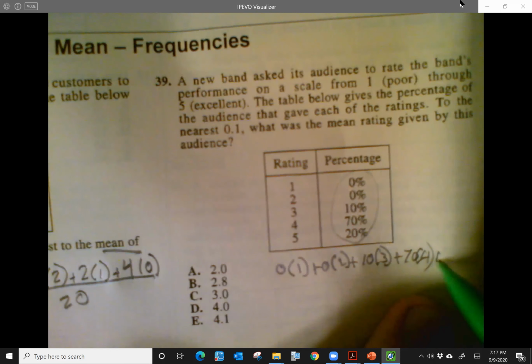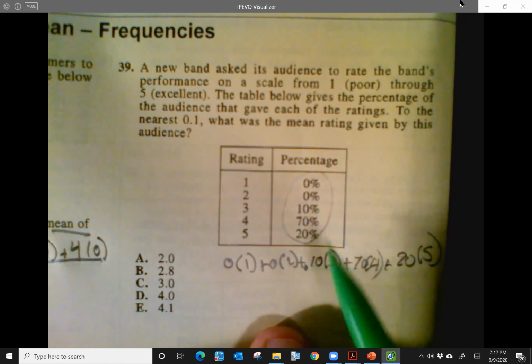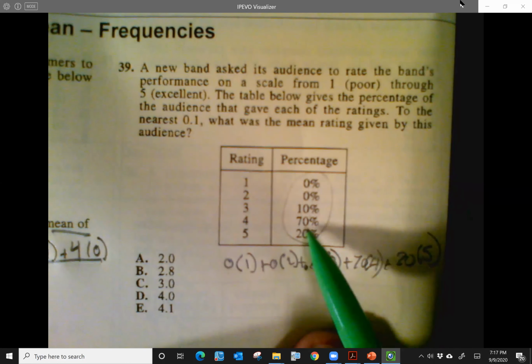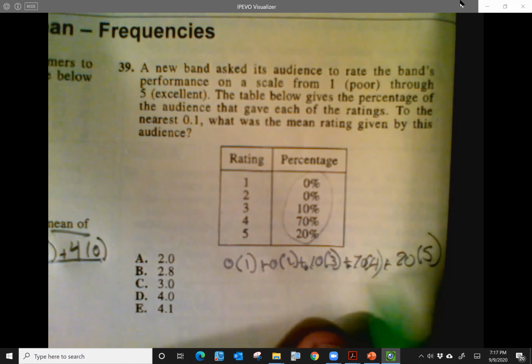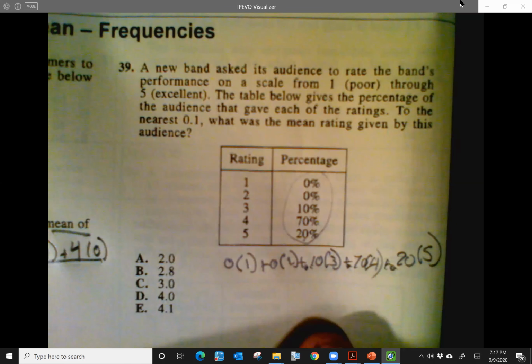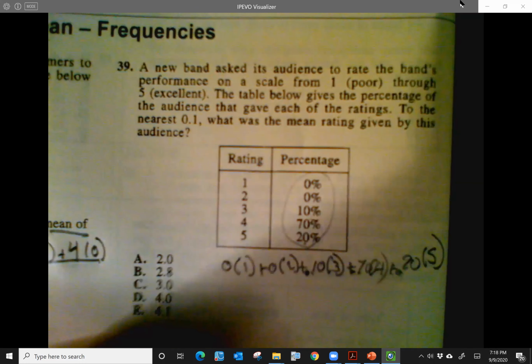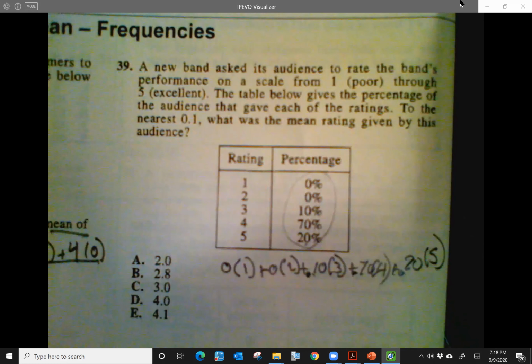Now, the only thing you have to be careful of, like if you did it this way, you're not going to get the answer here. You've got to turn these percentages into their decimal equivalents. Like 10% is really 0.10, right? And 70% is really 0.7. 20% is really 0.20, right? But that's the only variation in this. But it's very, very similar to the one.